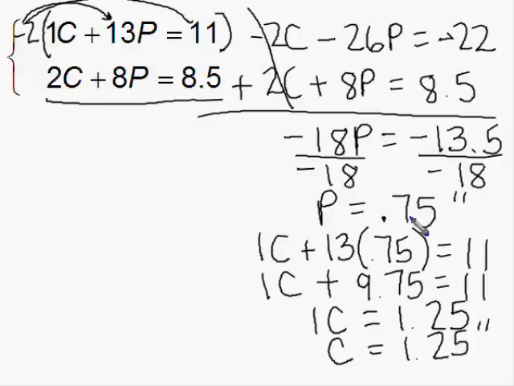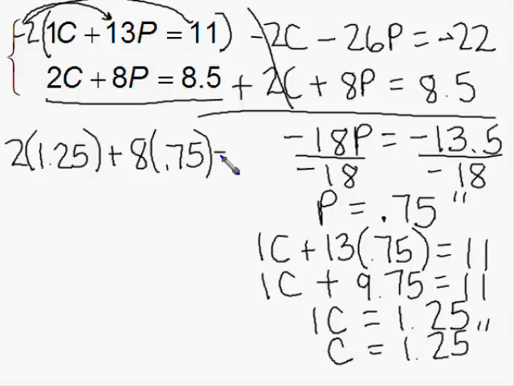Now, because I used the first equation to create that answer, I can use the second equation to check my answers. So we're going to substitute both P and C into the second equation. That gives me 2 times 1 1/4 plus 8 times 3/4 equals 8.5.